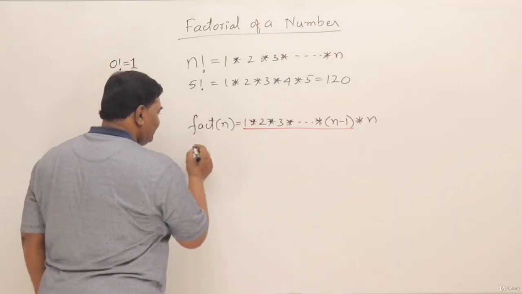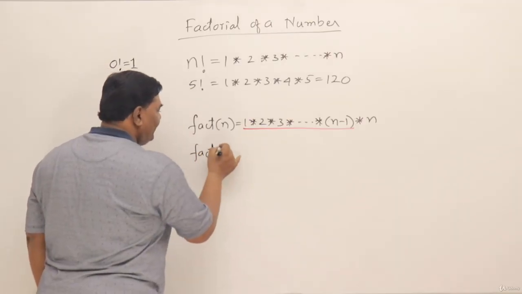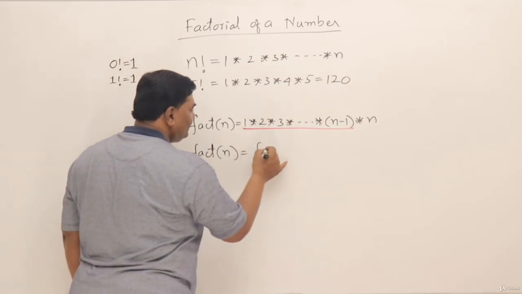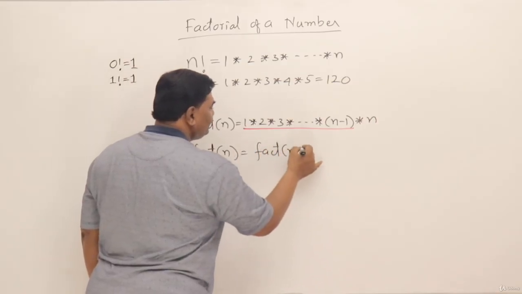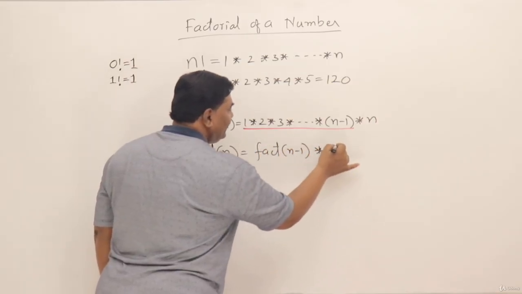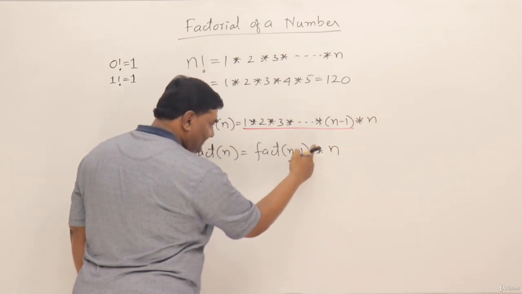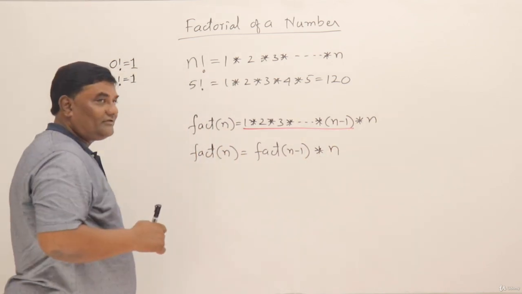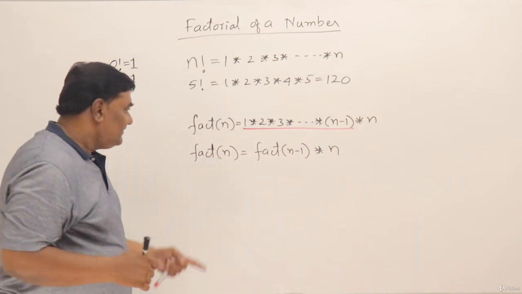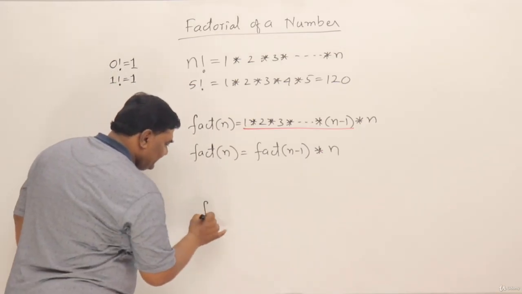Yes, this can be written as factorial of n minus 1. So factorial of n is factorial of n minus 1 multiplied by n. If I multiply that with n, then I get the result, that is factorial of n. So this can be defined recursively.